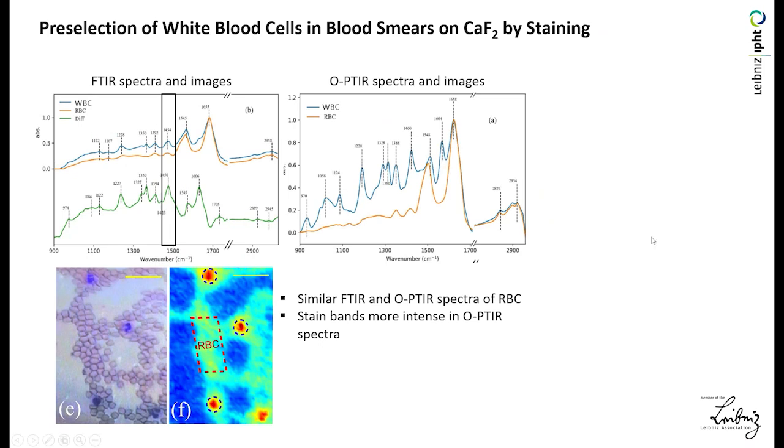The unstained red blood cell spectra are very similar between O-PTIR and FTIR.